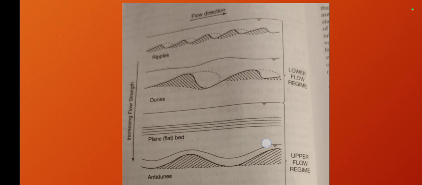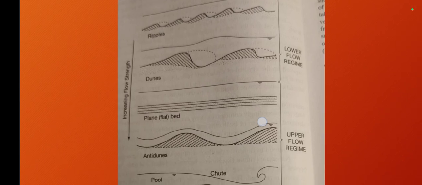This means the cross laminations follow the direction of the fluid, and ripples are smaller than dunes. The larger version of ripples is known as dunes.